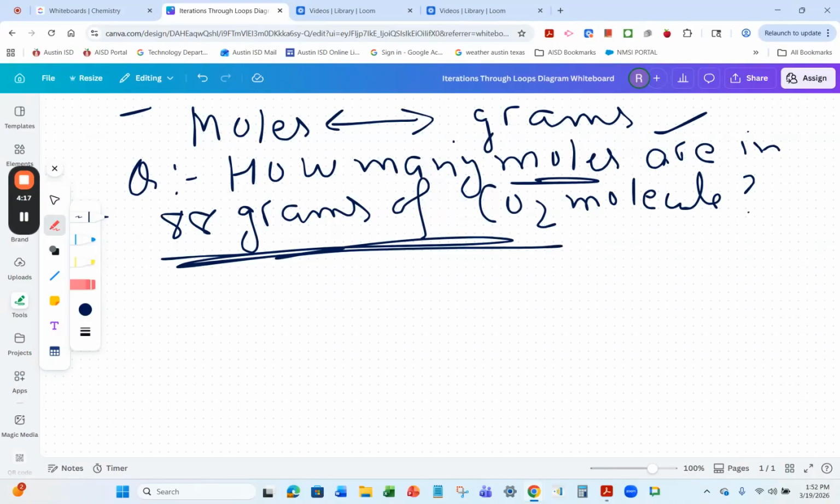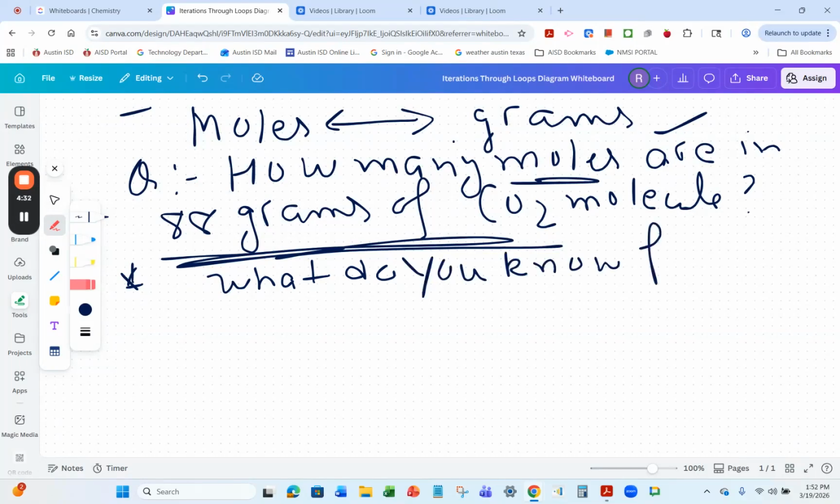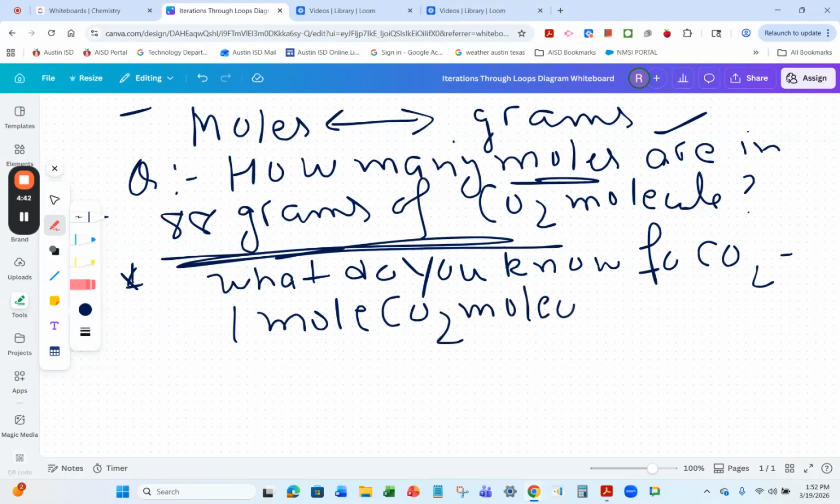First of all, you should write what you know for carbon dioxide. I know 1 mole of carbon dioxide molecule is equal to 44 grams.